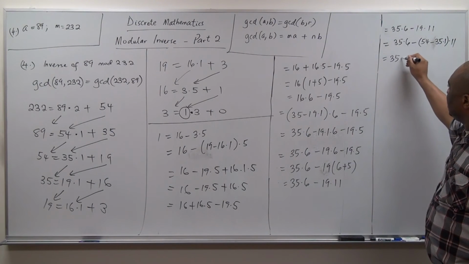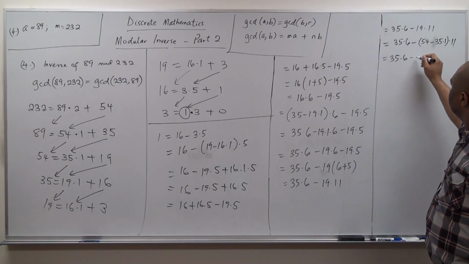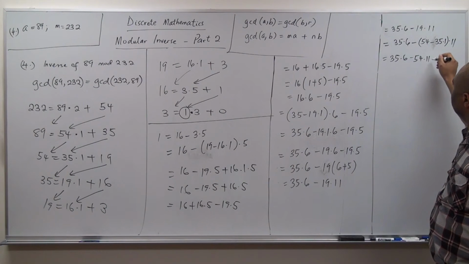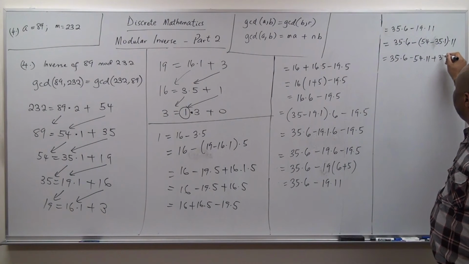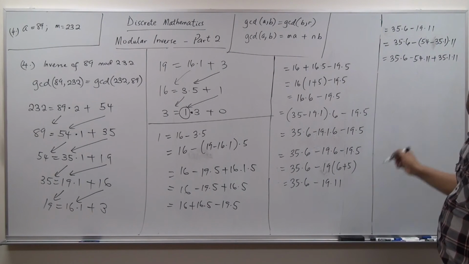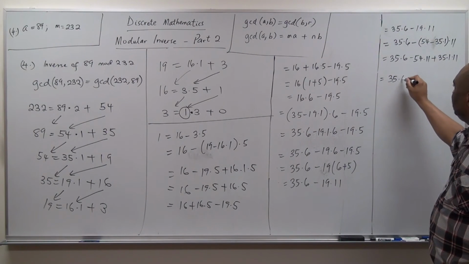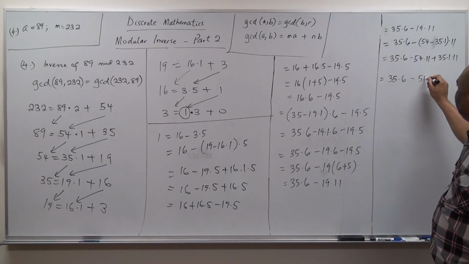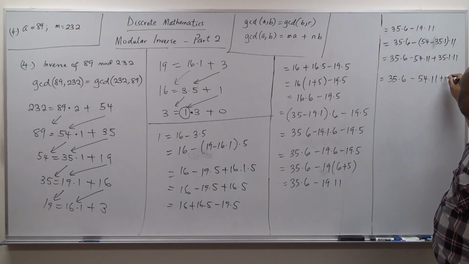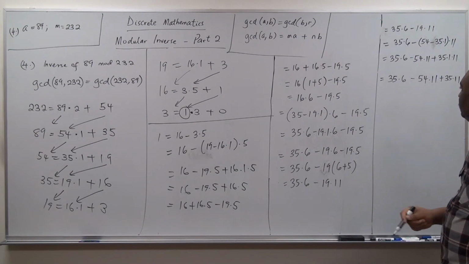Which is 35 times 6 minus 54 times 11 plus 35 times 1 times 11, which is 35 times 6 minus 54 times 11 plus 35 times 11.